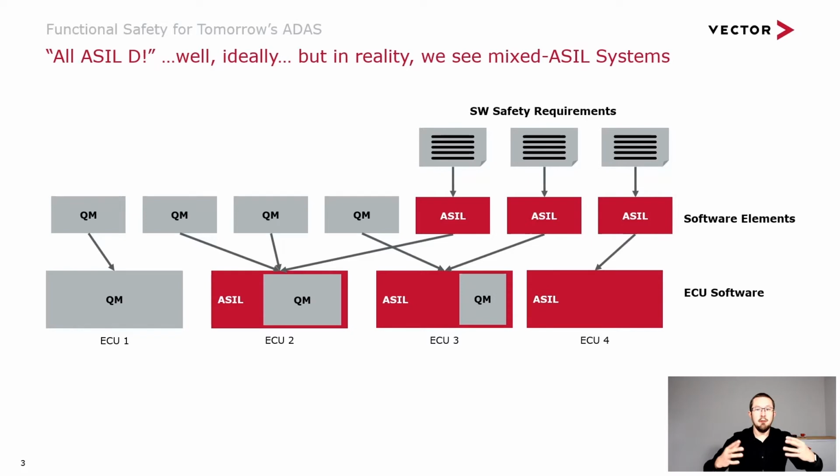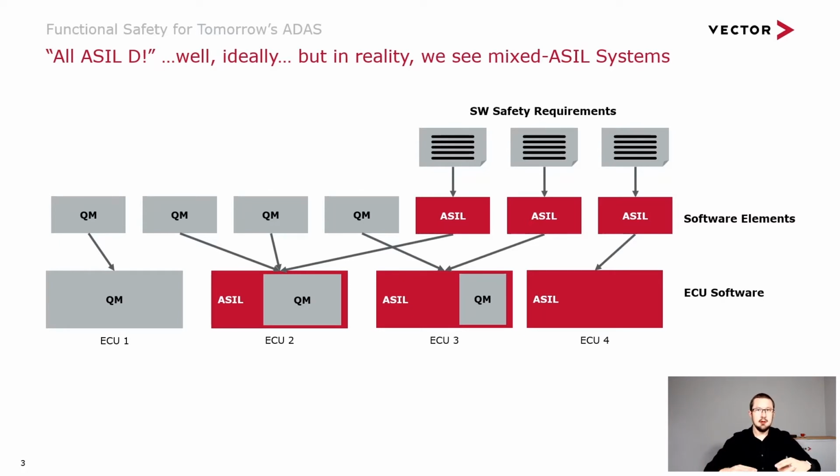For example, in your power steering example, the power steering application might be developed according to ASIL D, but the UDS diagnostic stack inside, which is a substantially large piece of software, doesn't have any functional safety requirements. So that diagnostic stack might only be developed according to a QM process.